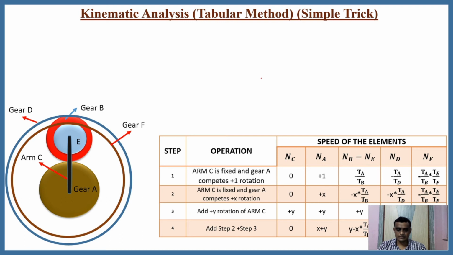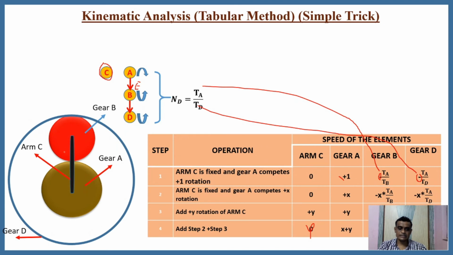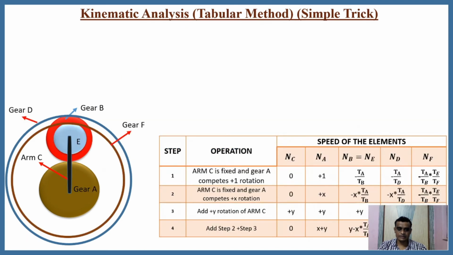Now I will make this numerical more complex. Earlier it was the simple epicyclic gear train. Now I will make it a complex, compound epicyclic gear train. From gear A motion is given to gear B. Gear B and gear E are mounted on the same shaft.